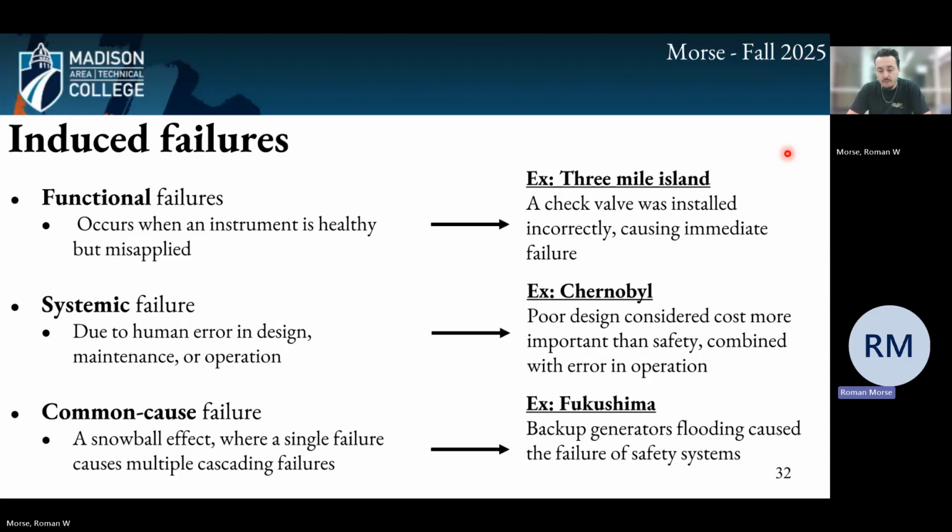Every other power plant was fine, but Fukushima had their backup generators stored in a location that was under sea level. So the backup generators got flooded, and they could not use the generators to power the pumps to provide coolant to the reactor as they shut it down. It was this snowball effect. One thing failed and led to multiple failures. That's what a common cause failure is.